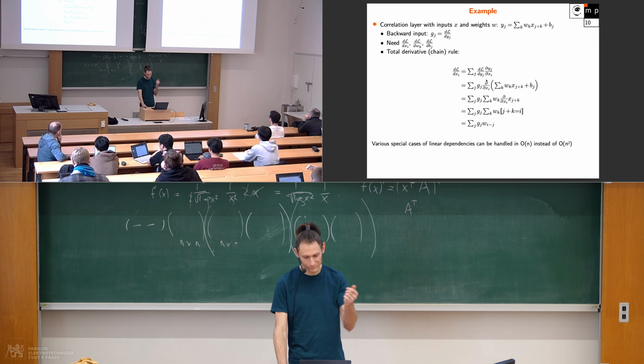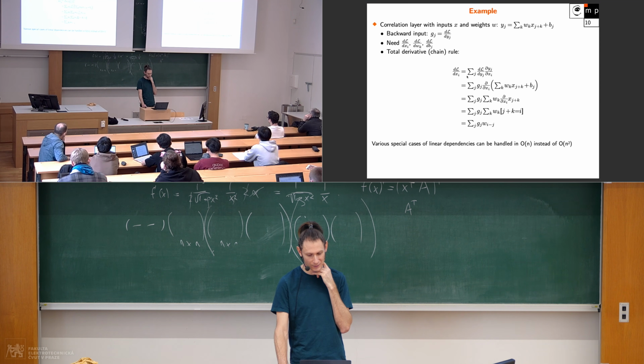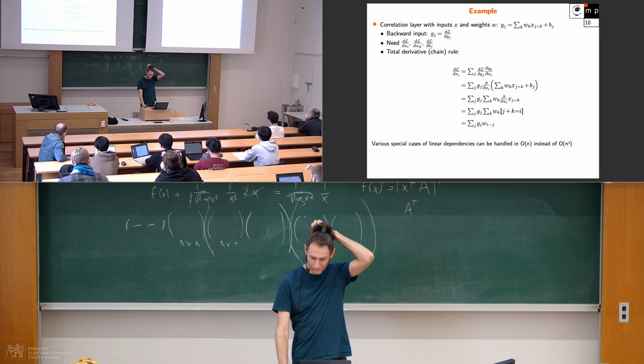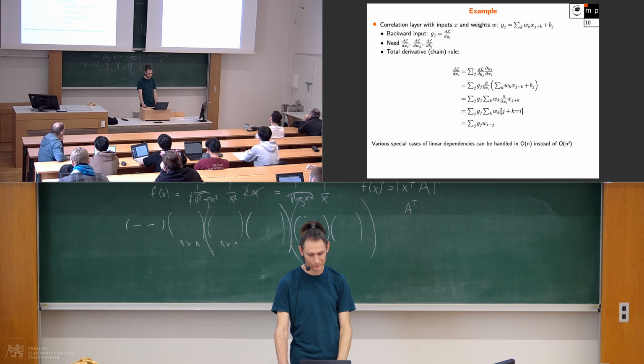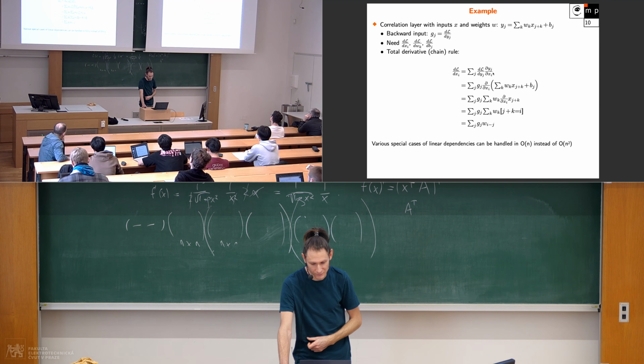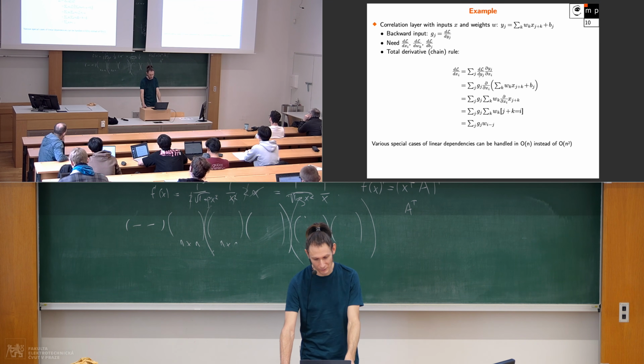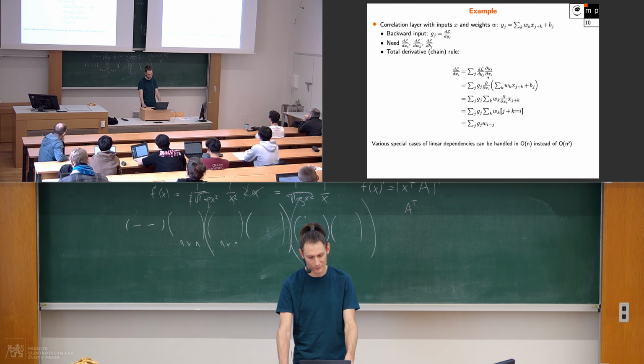You know the total derivative and the chain rule. So we need to calculate the derivative of the loss with respect to the coordinate x_i. We need to sum through all possible coordinates of y and have this chain rule. We substitute here the derivative of the loss with respect to one coordinate of the output.